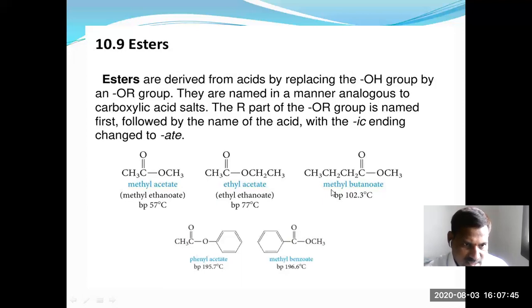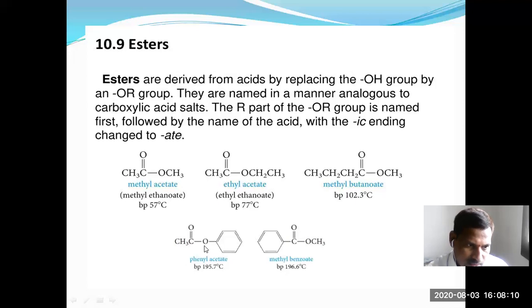But in this case, in the OR group, R is a methyl group. Four carbons of the carboxylic acid is butanoic acid. The ic is replaced by ate, R is methyl, so methyl butanoate.